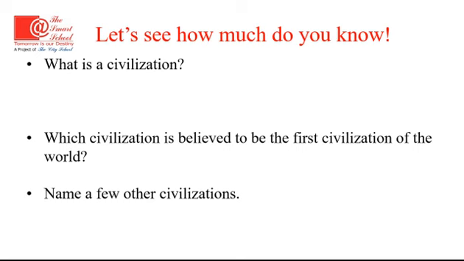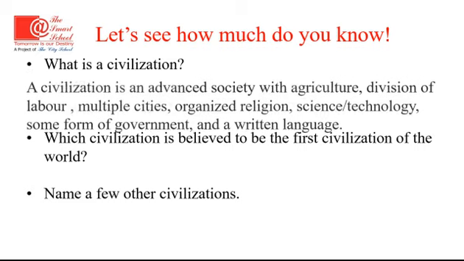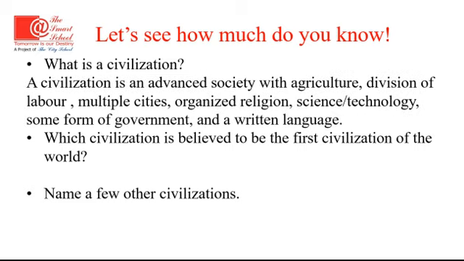What is a civilization? Yes, a civilization is an advanced society with agriculture, division of labor, multiple cities, organized religion, science, technology, some form of government, and a written language.